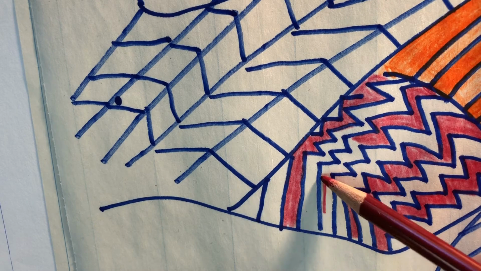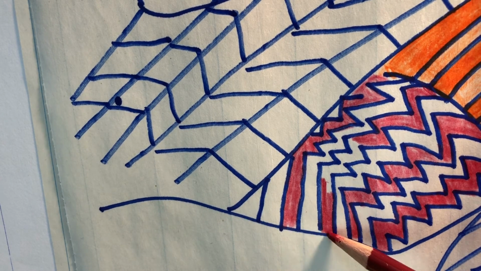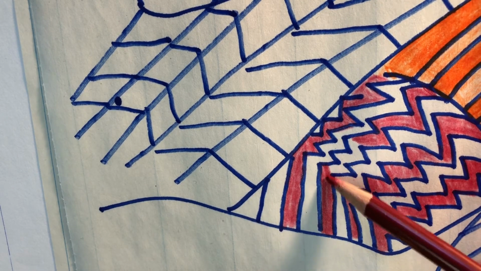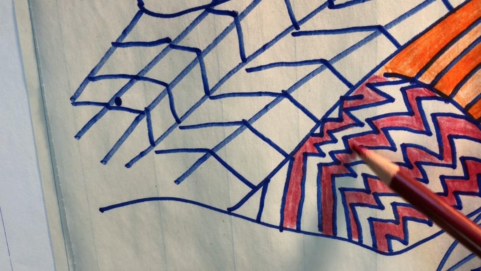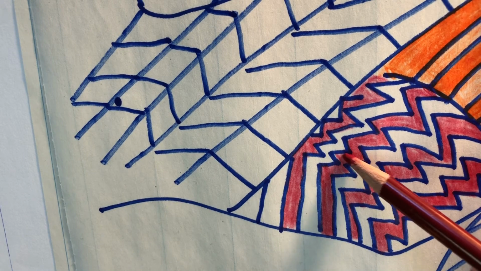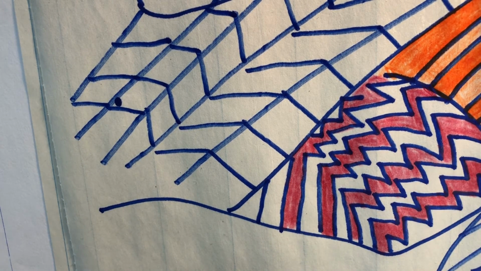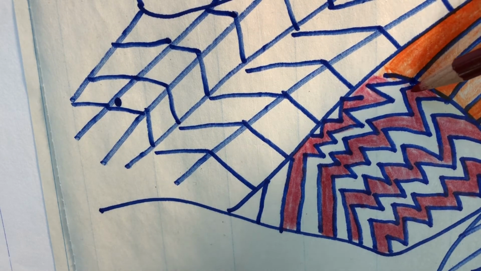Notice how my pencil moves in the same direction as the thick line that I'm trying to color in red. When the line changes directions, I change the direction that I'm moving my pencil.